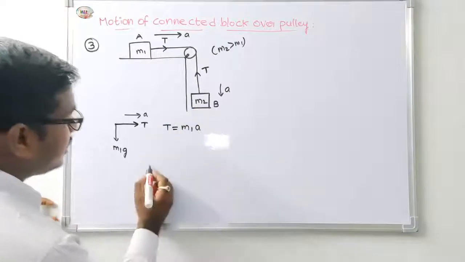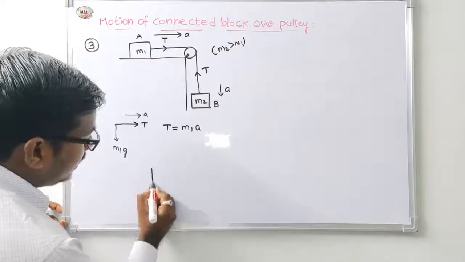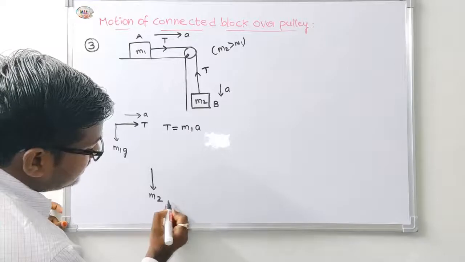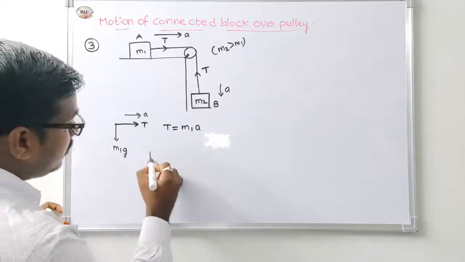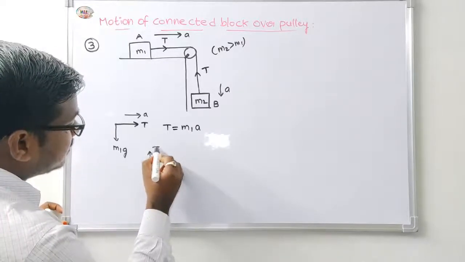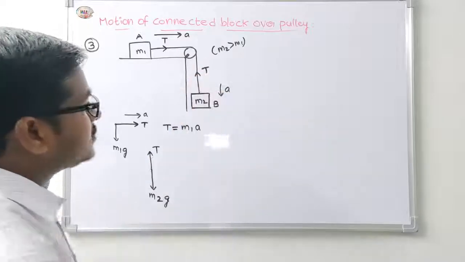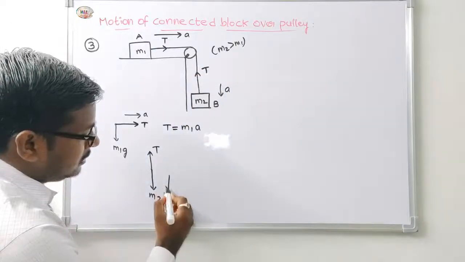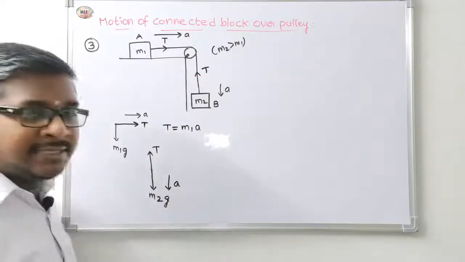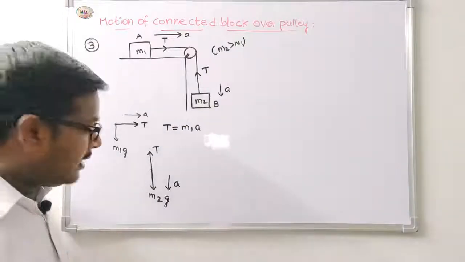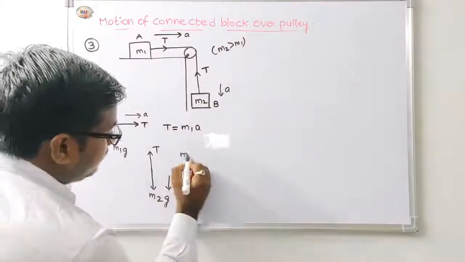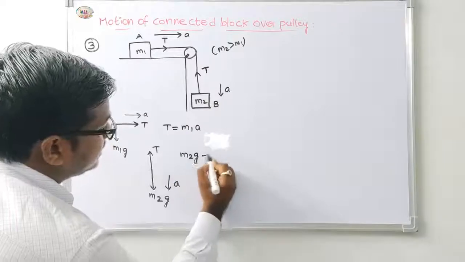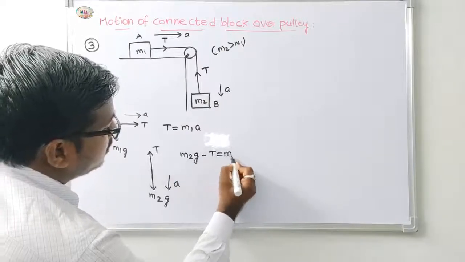Then take the m2 block. m2g acts in the downward direction. The tensional force acts along the string, and the acceleration due to gravity acts vertically downward. First write m2g minus T is equal to m2a.